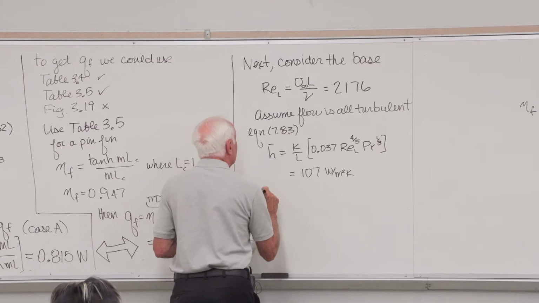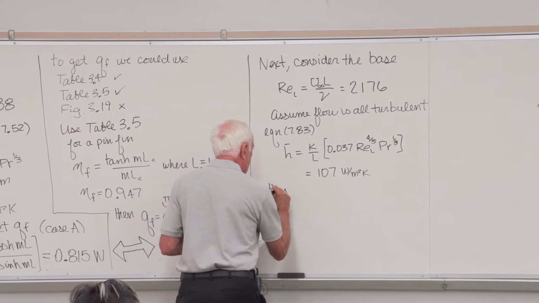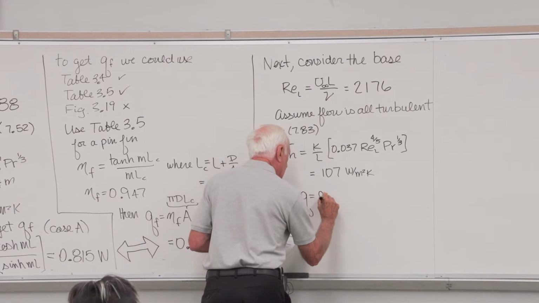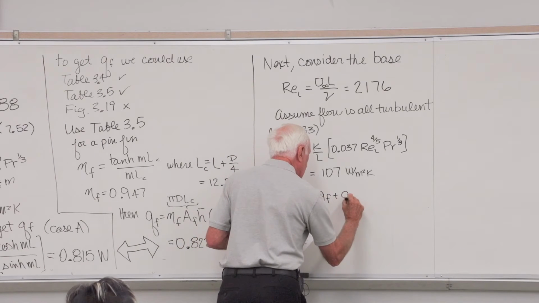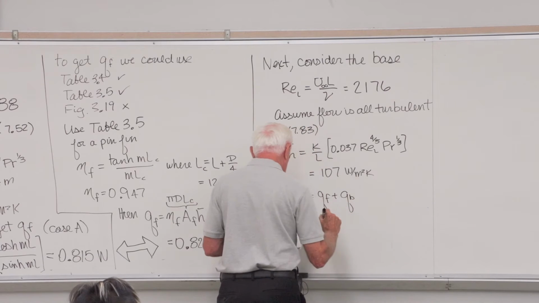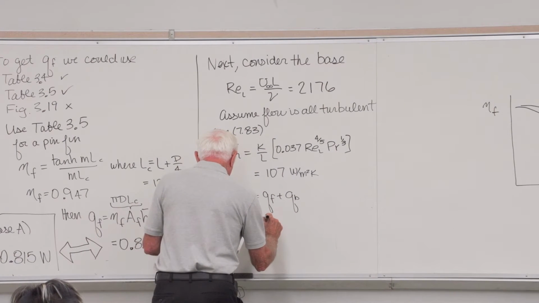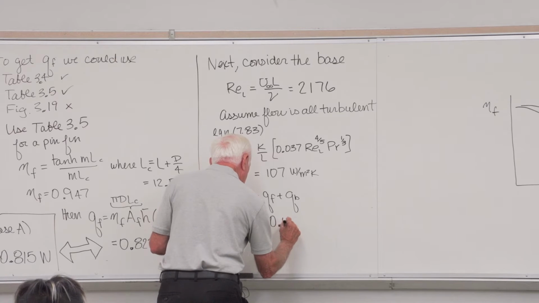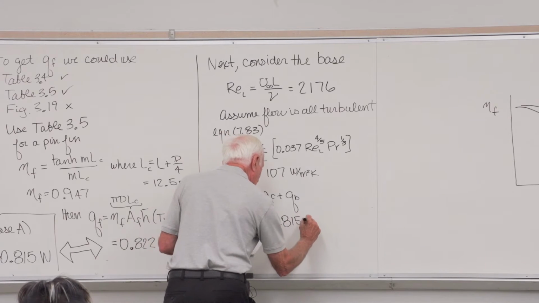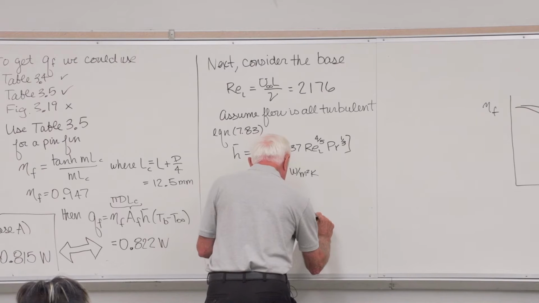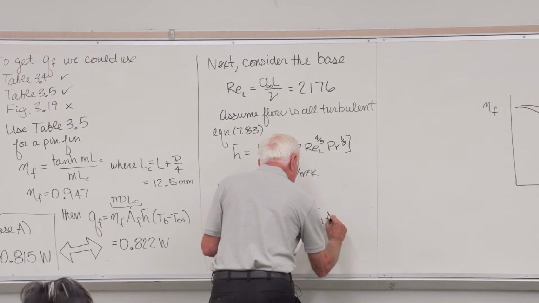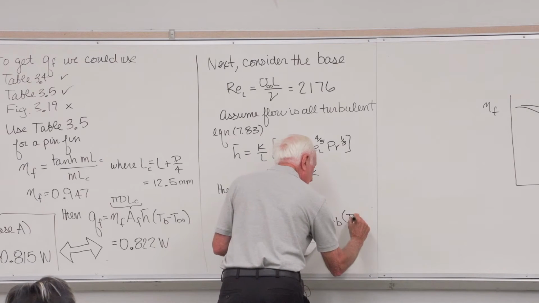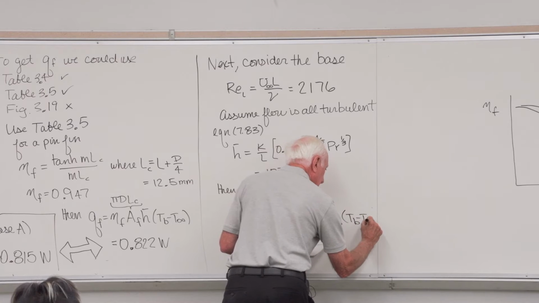So now I get Q equals Q fin plus Q base. Okay, so I've got my Q fin 0.815, Q base equals h bar, area of the base, T base minus T infinity.